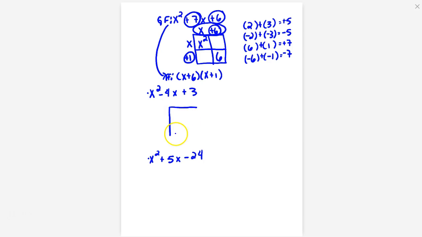Let's set up our area model. Third term goes here. First term, I know this is going to be x and x. And then you need to find factors of 3.